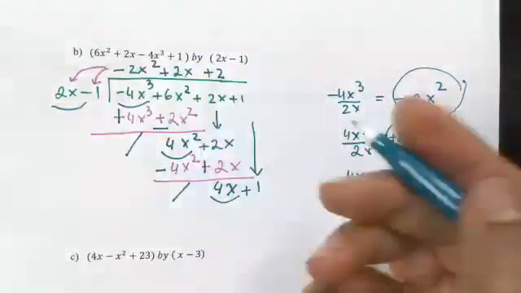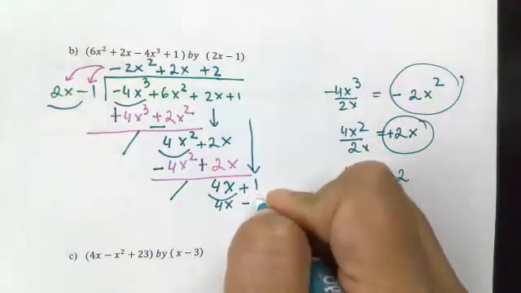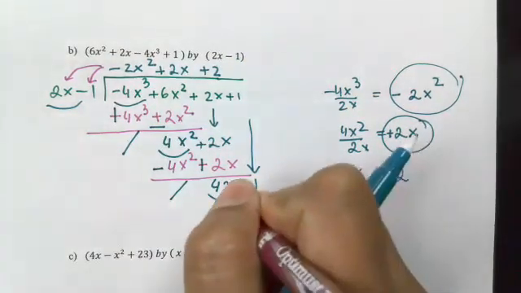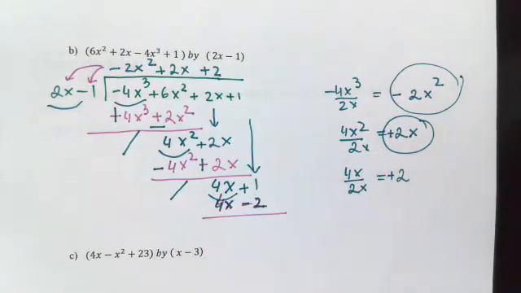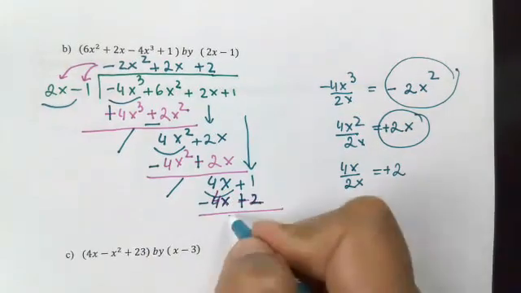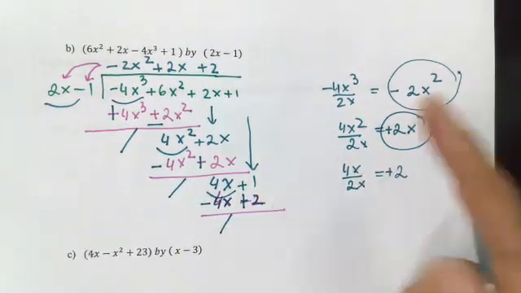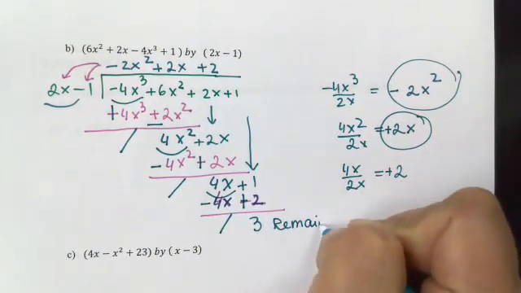Multiplication, 2 times 2x is 4x, 2 times -1, -2. Oops, I wanted to keep it same color. And now we change the signs for subtract vertically. Nothing here, 1 plus 2 is 3. That's our remainder.